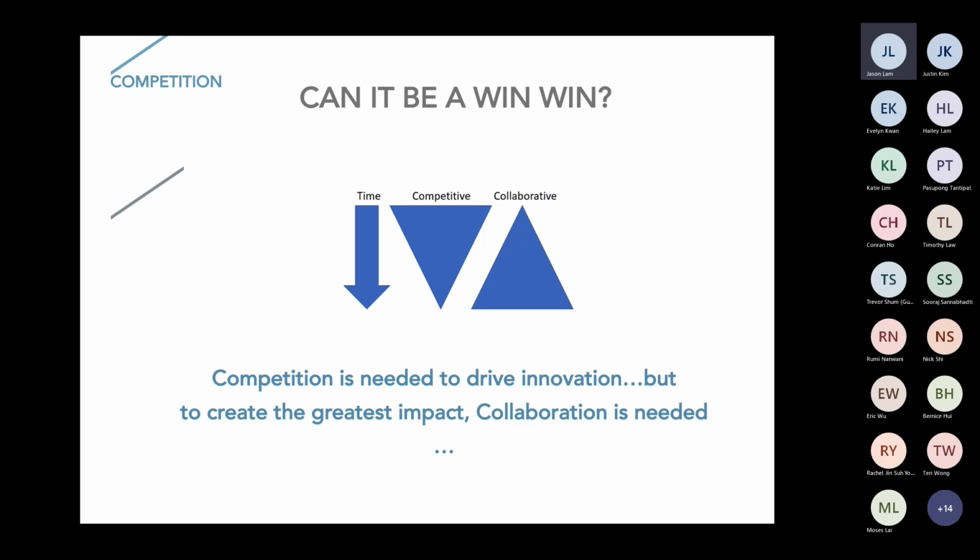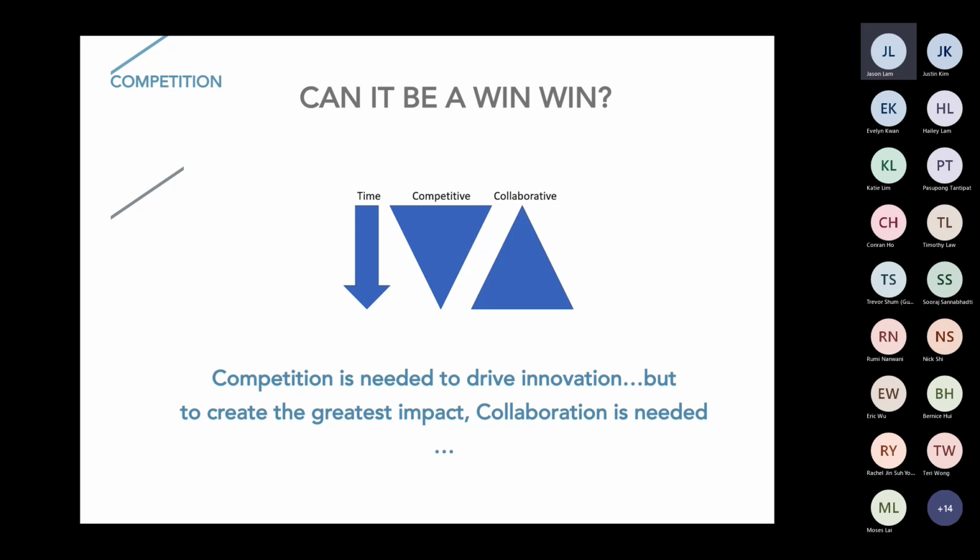So from an SDG perspective, it's about understanding what's been done, what's out there, and what other people can do, and thinking in terms of collaborating. Hopefully the diagram shows it all.